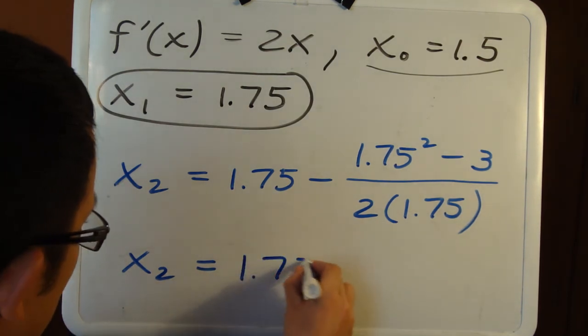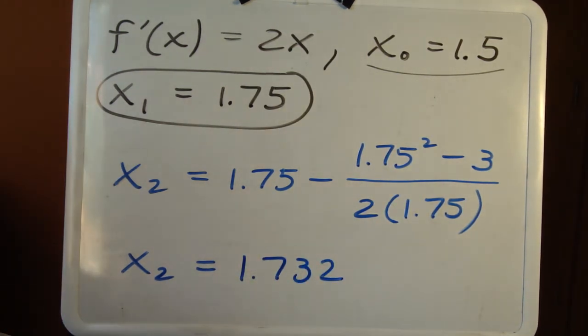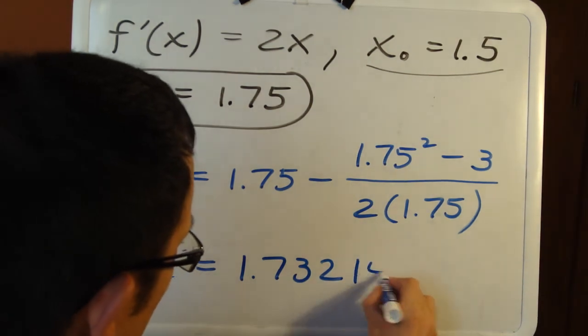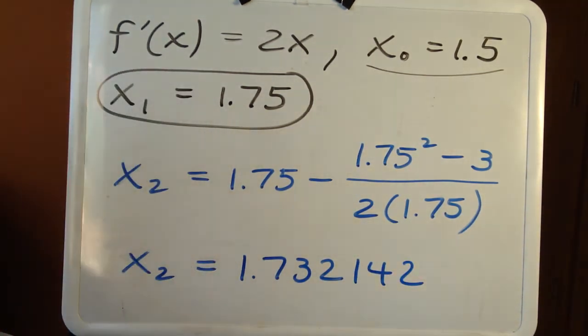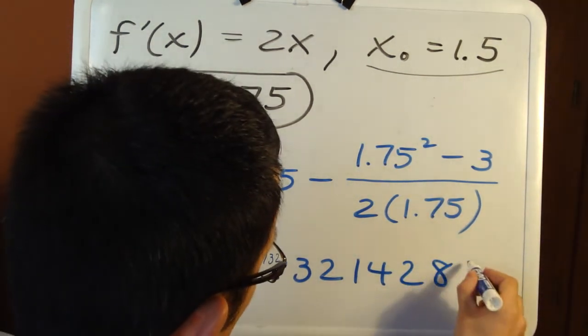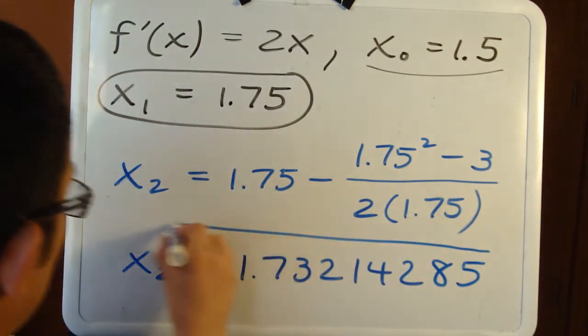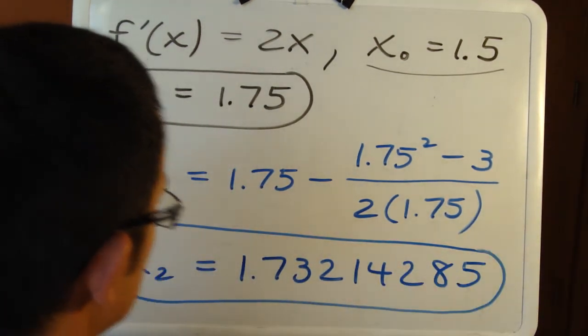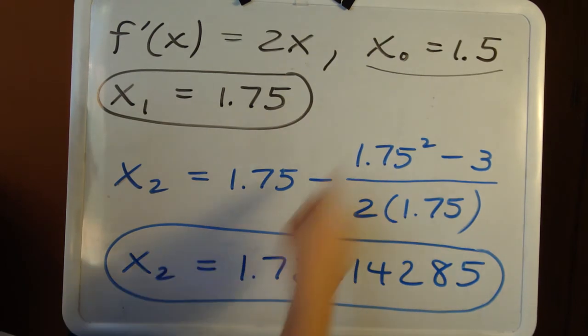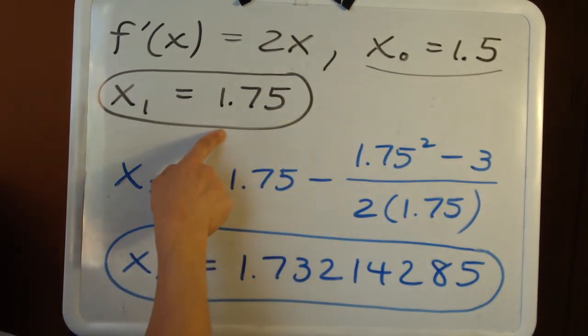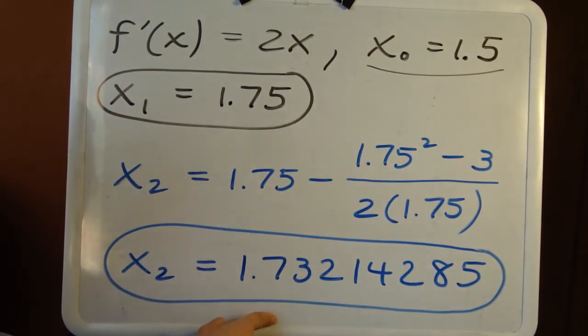It's 1.732, followed by some change, 14285 or so. You'll notice that we had a lot of movement from 1.5 to 1.75, but now this is telling us that we're getting pretty close to the intercept. Moving from x1 to x2, there hasn't been a lot of movement, around 0.02 or so.